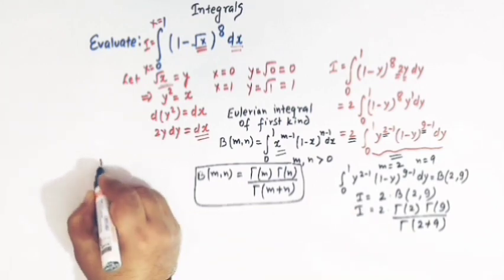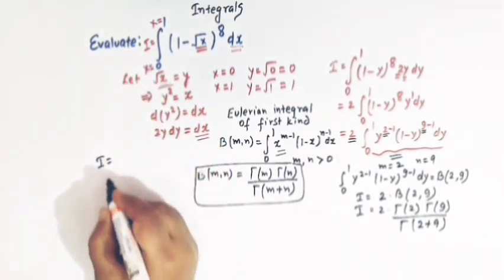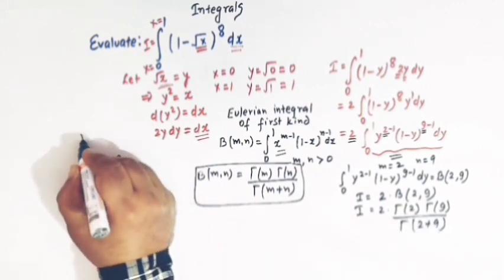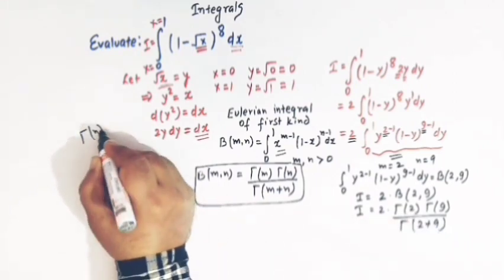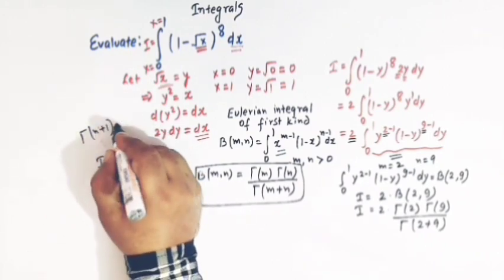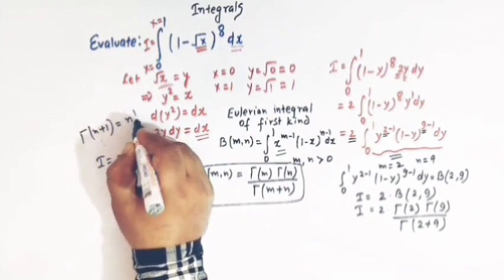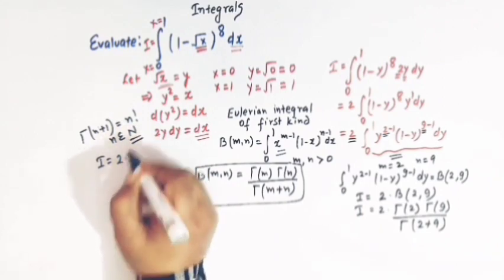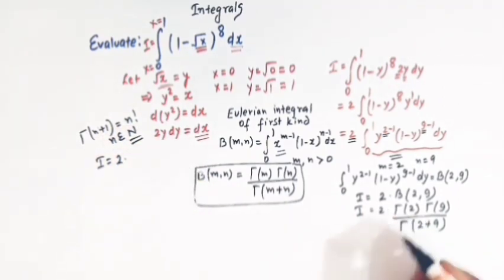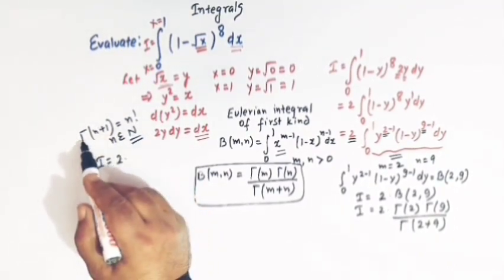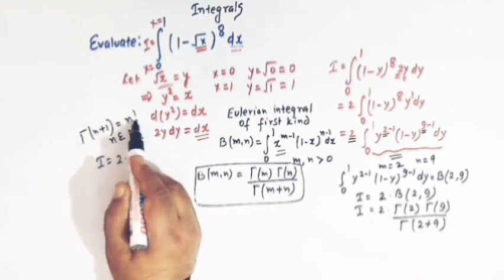So now we can write this integral I as 2 times gamma of 2, and we know that gamma of n plus 1 is defined as n factorial, where n belongs to the set of natural numbers. So when n belongs to the set of natural numbers, then gamma of n plus 1 is equal to n factorial.